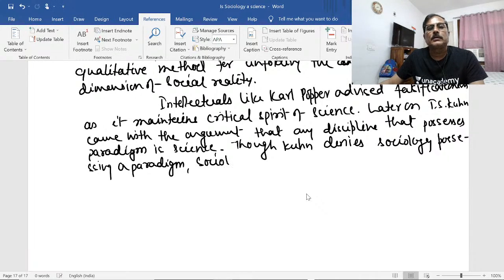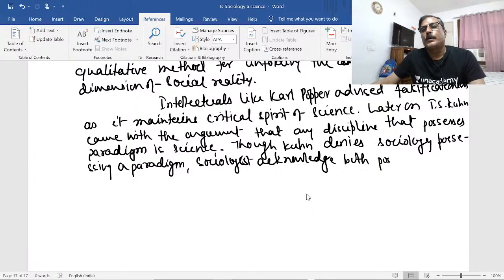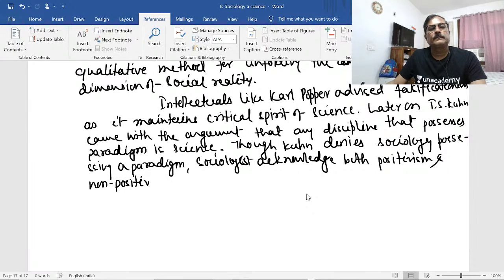sociologists acknowledge both positivism and non-positivism as two paradigms.